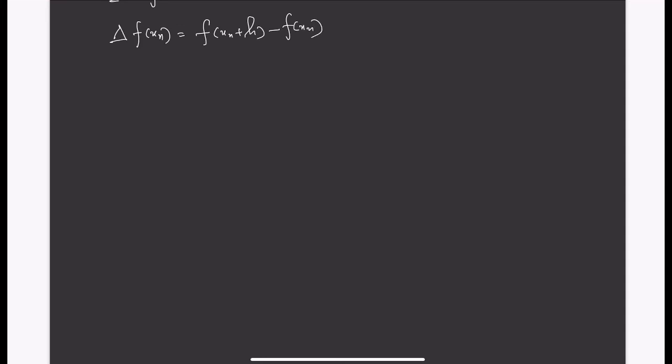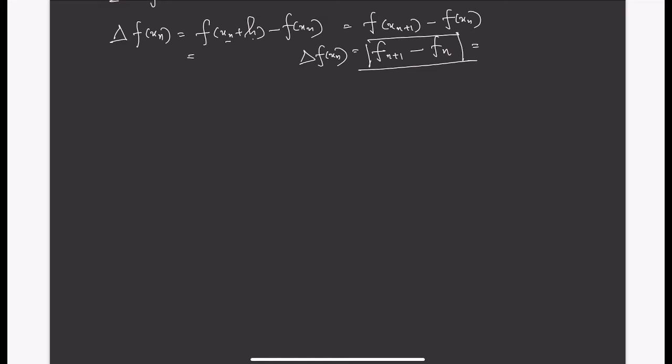Since xn plus h is x n plus 1, this is f of x n plus 1 minus f of xn. So this is f of n plus 1 minus f of n. We can write a shortcut like this. This is nothing but delta of f of xn. You remember this one.